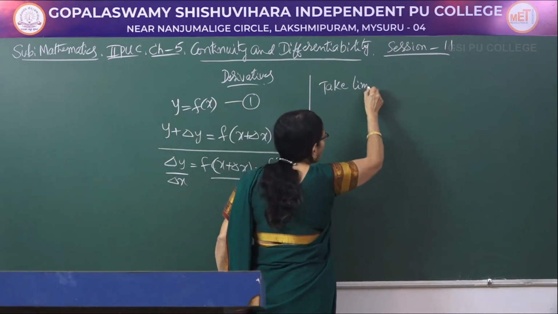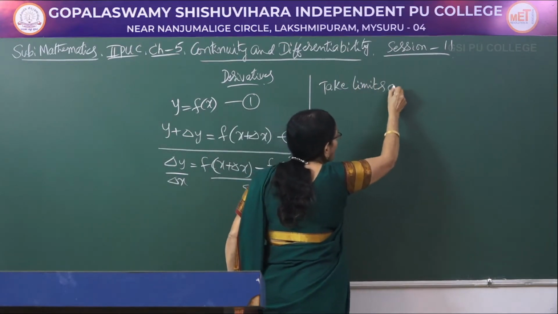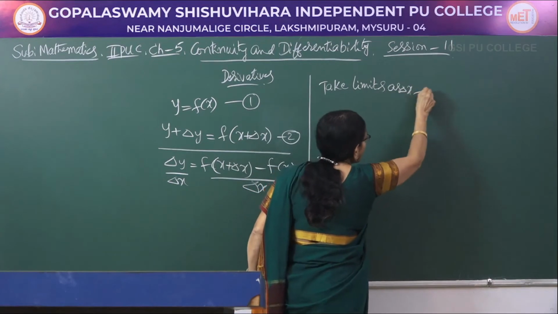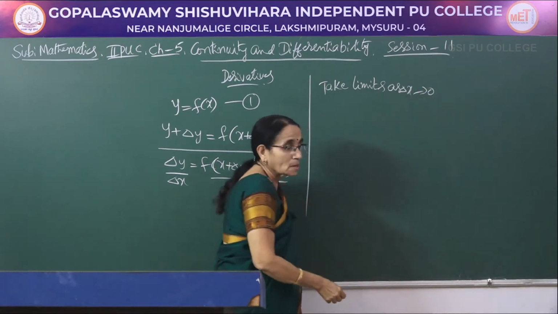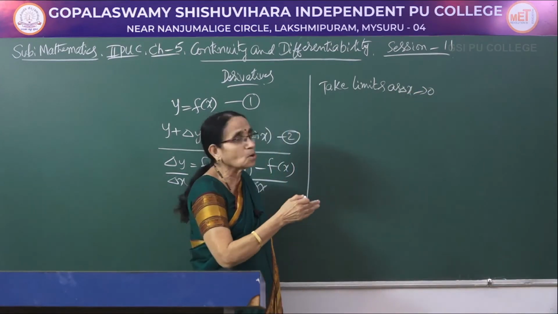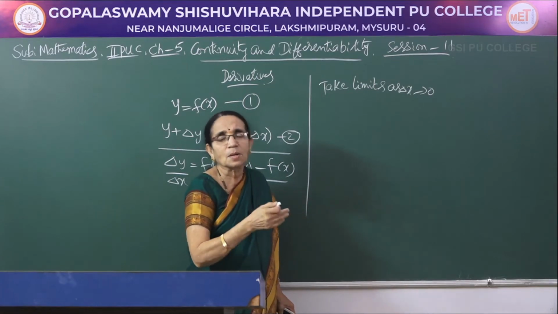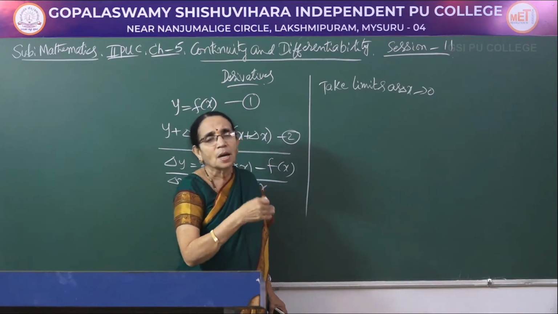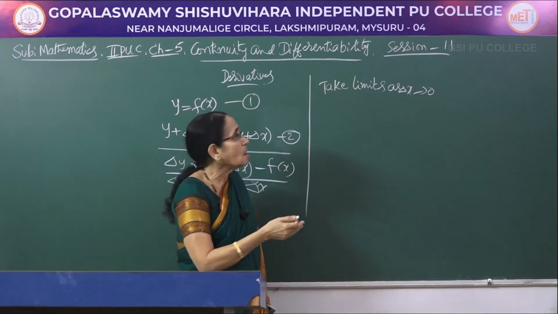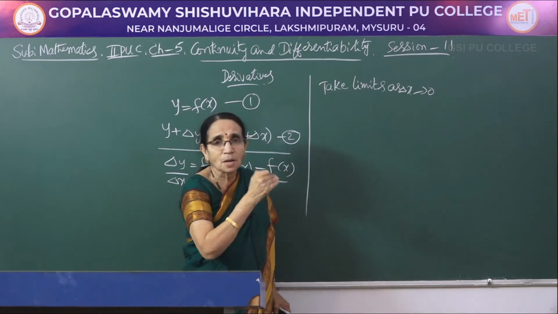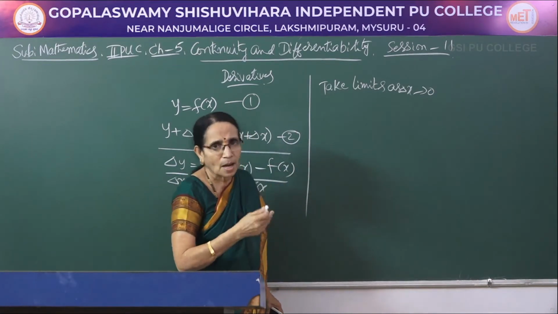Now you take the limit. After the simplification, you divide each term by delta x, and then we take the limit as delta x tends to 0. That is why before continuity I taught you about limits, whatever limits you studied in first year PUC, and some extra limits also, because the limit is the basic concept for the study of calculus.